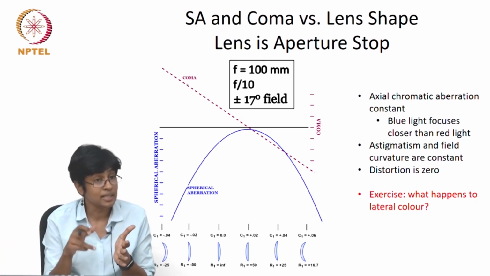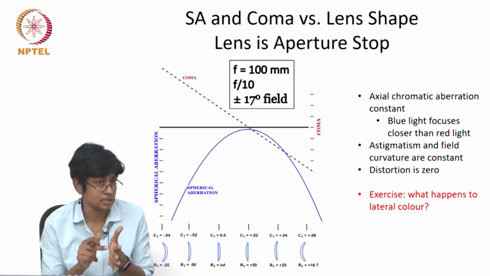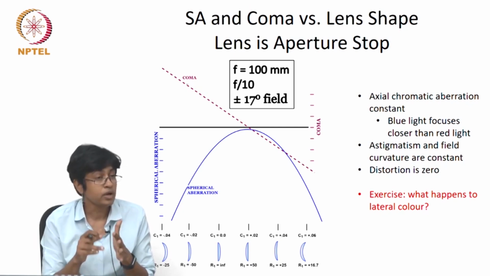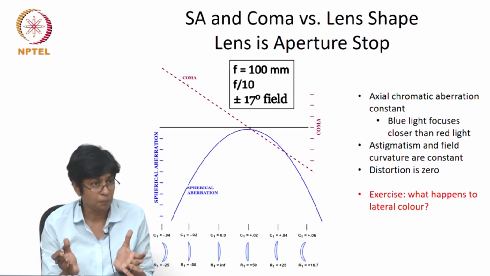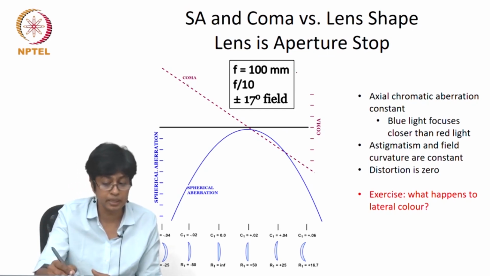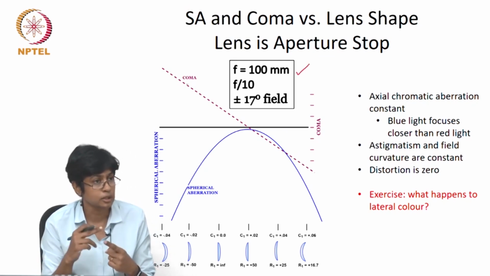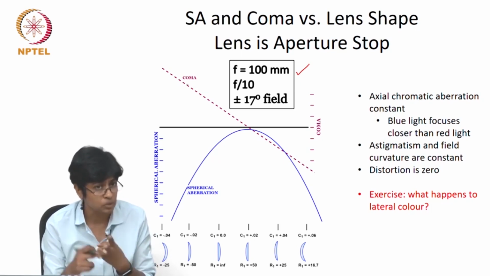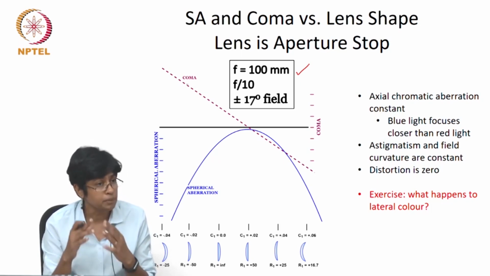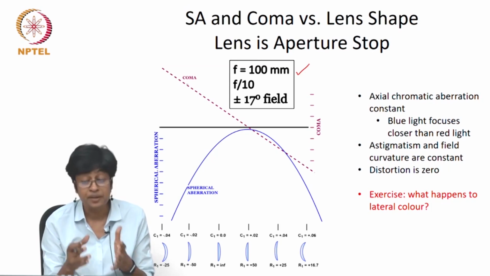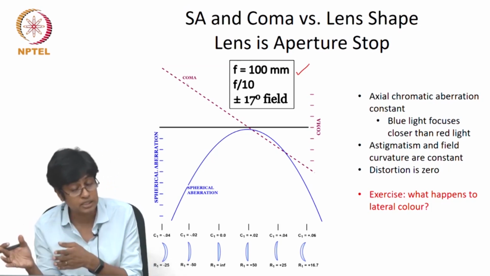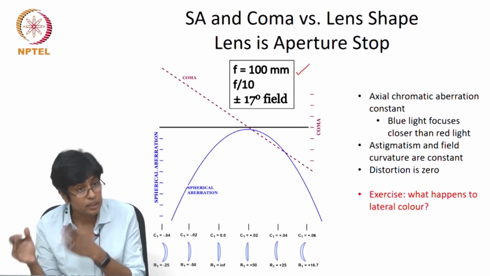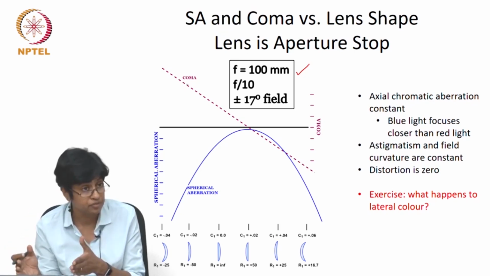We are not saying that chromatic aberration does not exist. For a particular optical system, and this is what I mean by optical system, what is its speed, what is its focal length, what is its field of view, there will be some axial chromatic aberration, there will be some astigmatism, there will be field curvature.